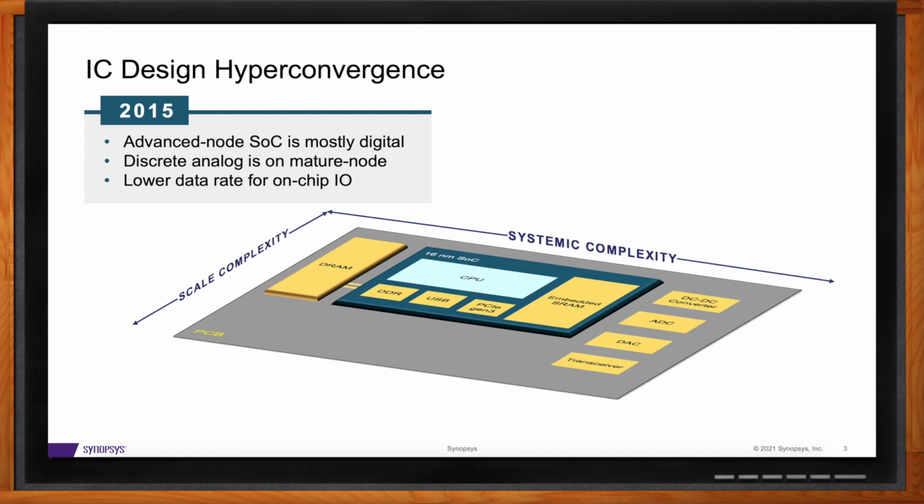It was mostly digital. It had certain mixed signal components like high-speed I/O and embedded memory, but these were small in size, running at low data rate. Analog functionality was designed in discrete analog ICs on mature nodes outside of this SoC.